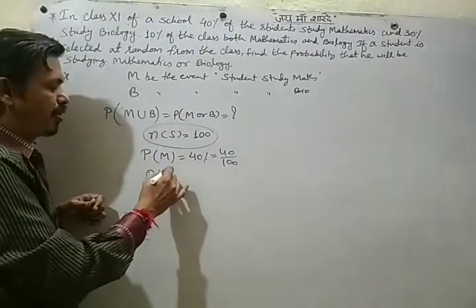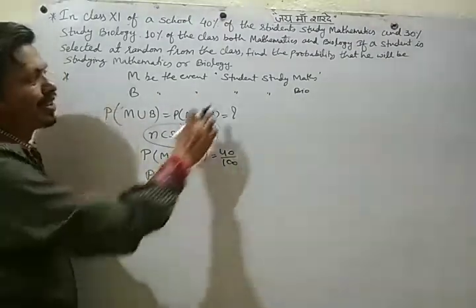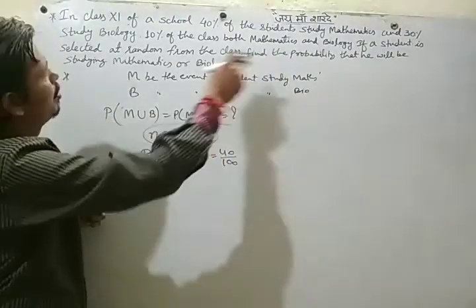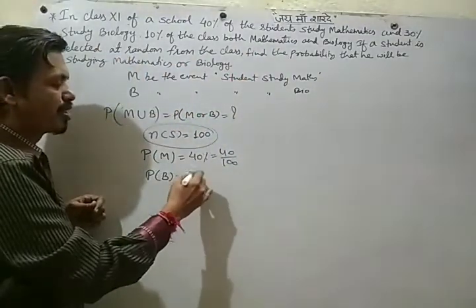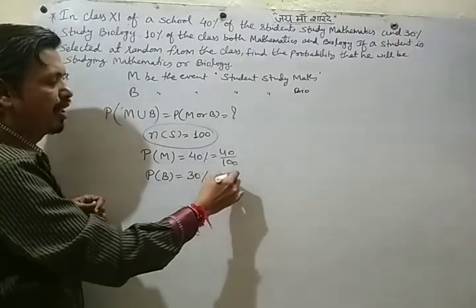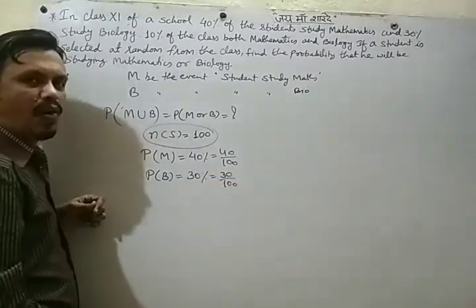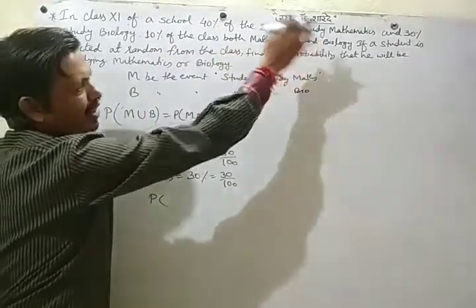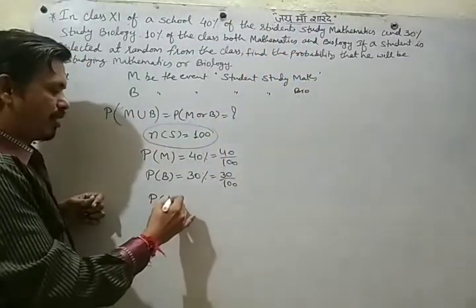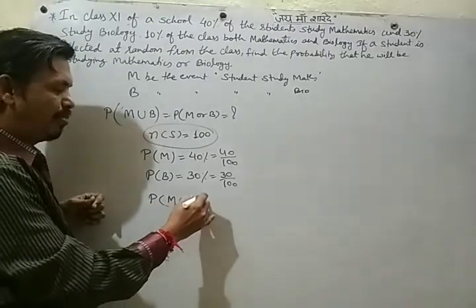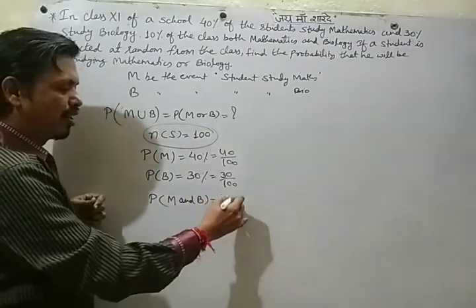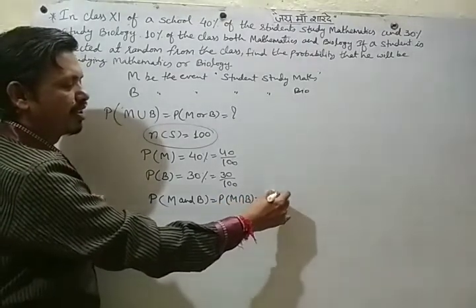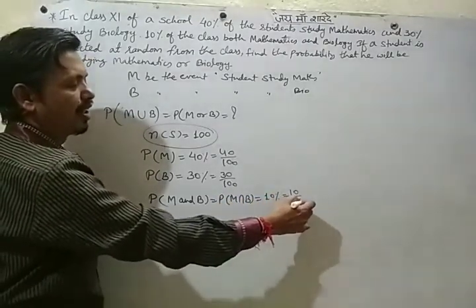Then probability of B, students study biology, it is given 30% students study biology, that is 30 by 100. Then 10% students study both maths and bio, means M and B, or we can say P of M intersection B. This is given 10%, that is 10 by 100.